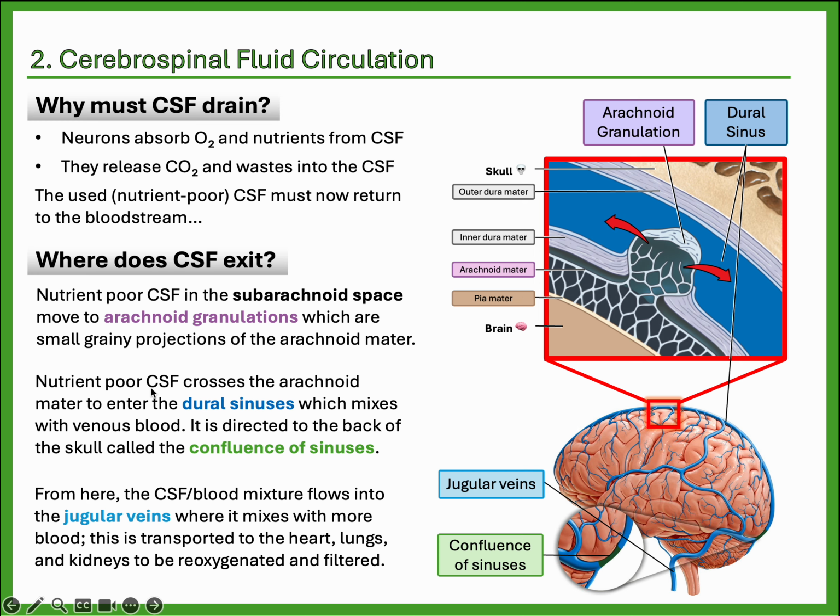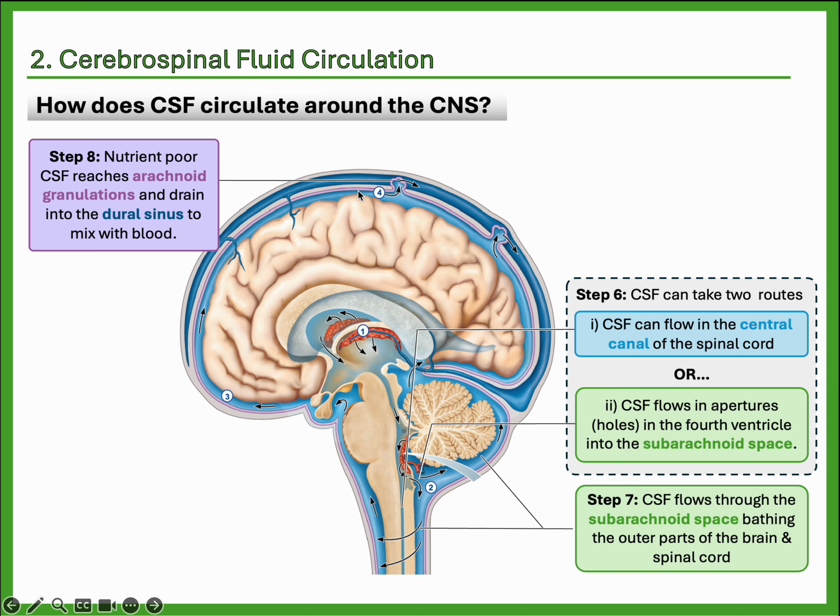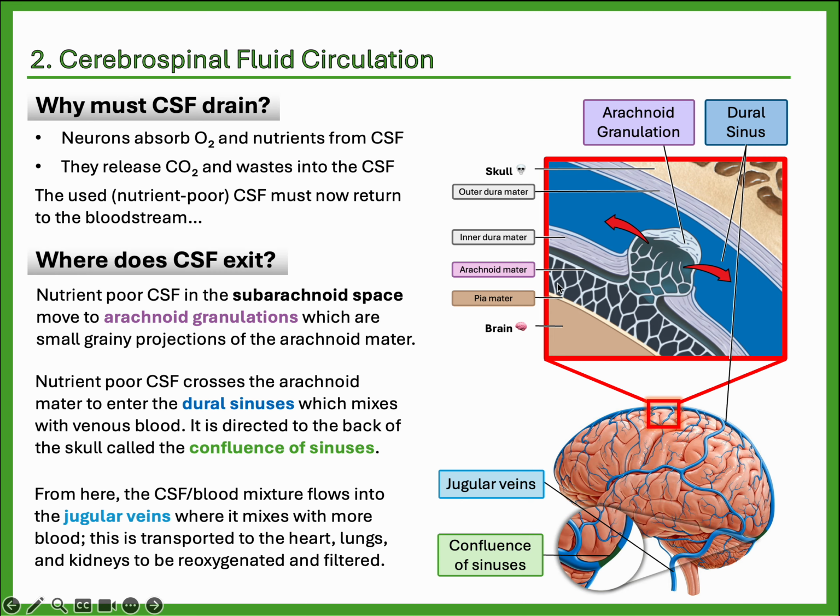You see here, there's all this CSF full of waste in this area. It will go through the arachnoid granulation into the big tube here called the dural sinus, which mixes with venous blood.